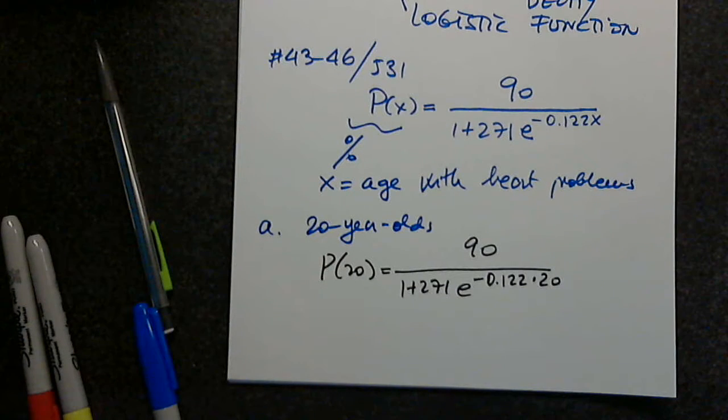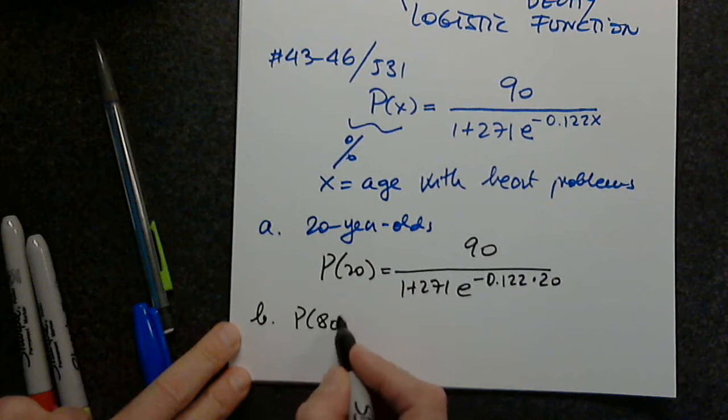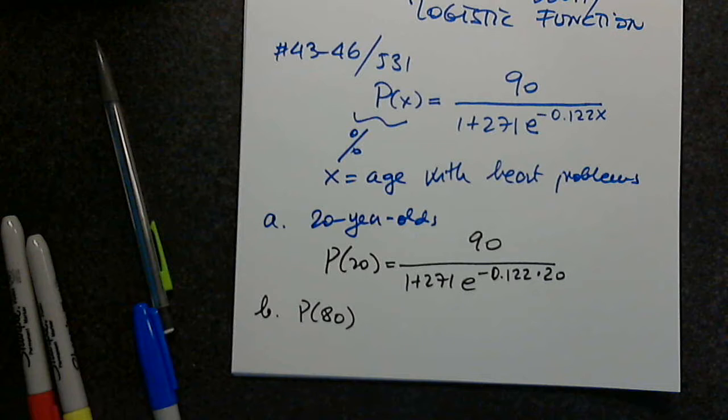In part B, they want the same thing for 80-year-olds. So in part B, I will find P of 80. And then parts C and D are different. So let's put in the function. We don't have to put it in twice. So let's put it in y equals.